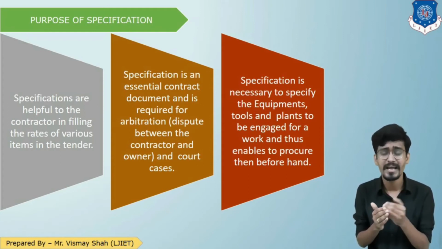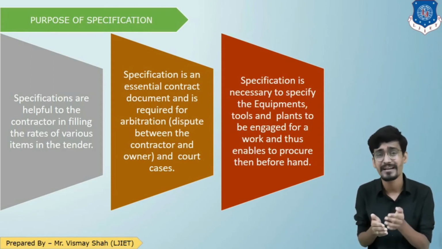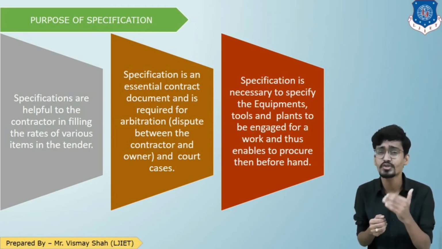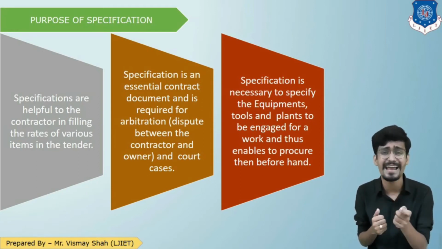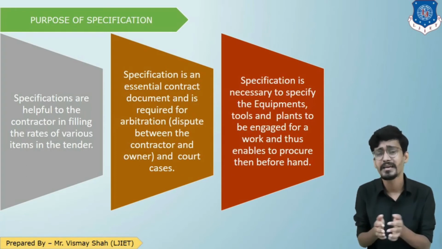For example, if the client is saying something else, but that is written in the specification, he has to accept that the contractor has worked according to the specification, and the same goes for the contractor. If the contractor is denying something but it is written in the specification document, he has to accept that and he needs to work according to it.